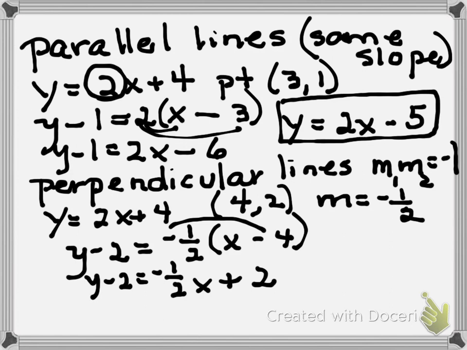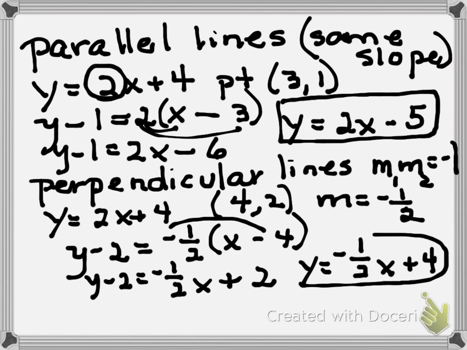Then adding 2 to each side, I have y equals -1/2 x plus 4. And you can see that it does have a slope which is the negative reciprocal of y equals 2x plus 4. So 2 is one slope, -1/2 is the other.